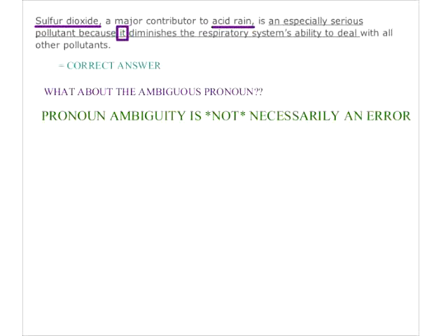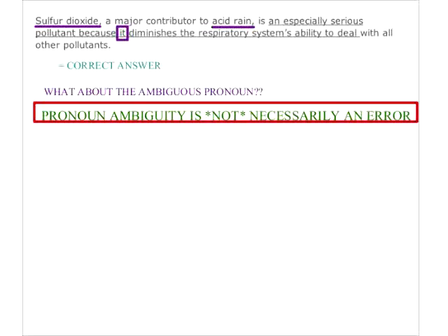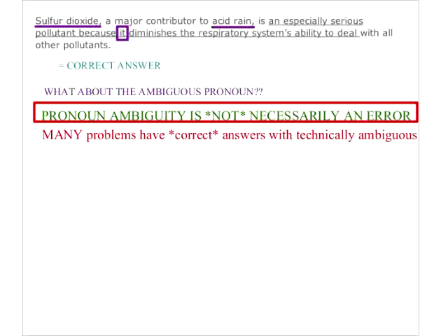In fact, there are lots and lots of problems whose correct answers have technically ambiguous pronouns.